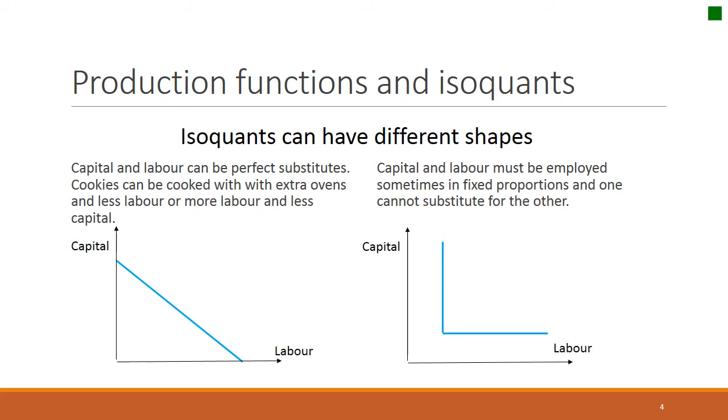Maybe a more realistic one in certain situations is the one coming up now. Here we have capital and labor, which must be employed in fixed proportions, and one factor of production cannot substitute for the other one at all. So here production is according to fixed proportions of capital and labor.